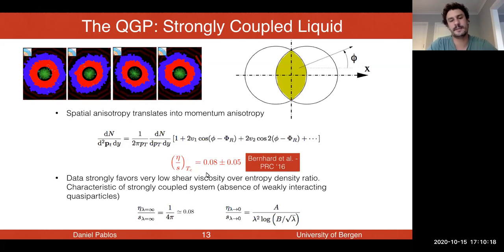It's the smallest value ever found for any substance, and it challenges the weakly coupled description of the plasma, because if you do such a computation in, let's say, N=4 super Yang-Mills at weak coupling, you will see that this ratio eta over s, shear viscosity over entropy density, blows up, and it is natural to expect that at weak coupling. However, at infinite coupling, there's the very famous result of 1 over 4 pi, which is remarkably close to the value extracted in experiments. Very interesting.